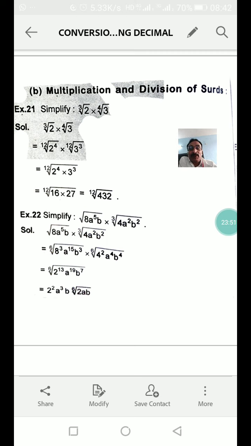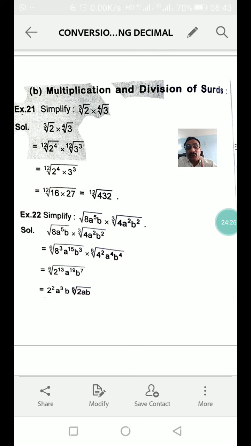Second question: the square root of 8a^5 b times the cubic root of 4a^2 b^2. The order of the square root of 8a^5 b is 2, and the order of the cubic root of 4a^2 b^2 is 3. You get the LCM of 2 and 3 is 6, and you get the 6th root of 8^3 a^15 b^3 times the 6th root of 4^2 a^4 b^4.